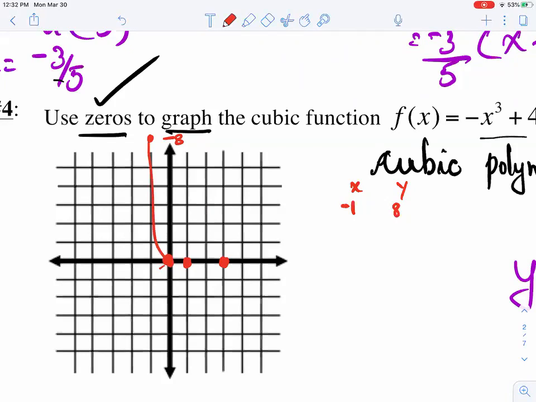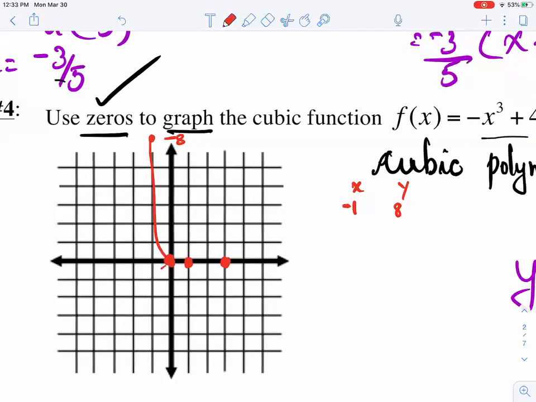Now the next point is, do you know what's happening in between these two? Do you think it's going to come down or go up? No idea, right? Okay, so in your calculator, just to have a better idea, this is 0 and this is 1, so you have to take a fraction.